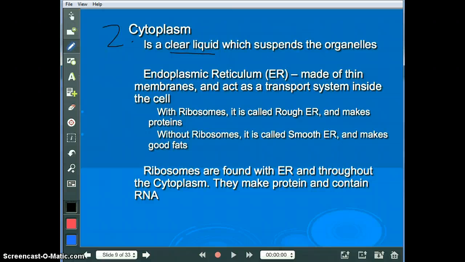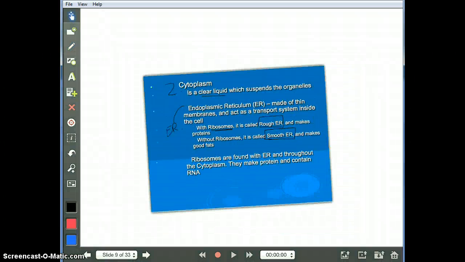Inside the cytoplasm, we are going to have multiple organelles. One of them, ER, endoplasmic reticulum, and there are 2 different types of them. If it does contain ribosomes, it is considered rough. Without, it is smooth ER. If it does not have them, its job is to make and transport lipids.